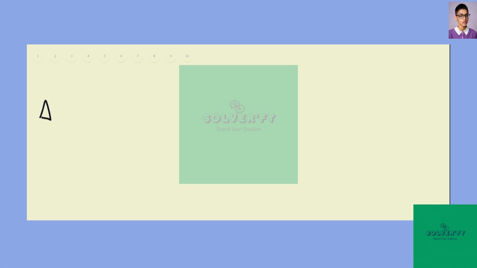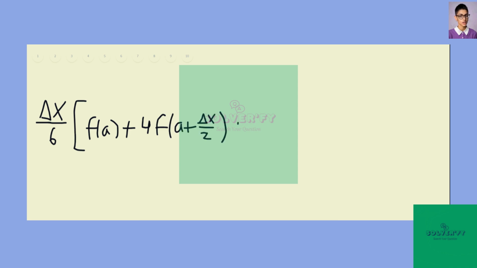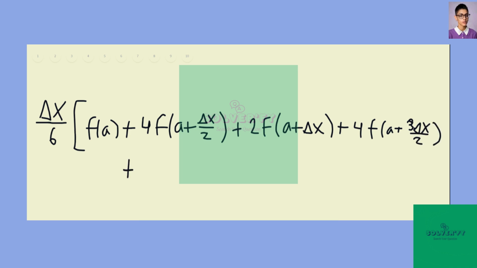We get delta x over 6 times f of a plus 4 f of a plus delta x over 2 plus 2 times f of a plus delta x plus 4 times f of a plus 3 delta x over 2, all the way up to f of b.